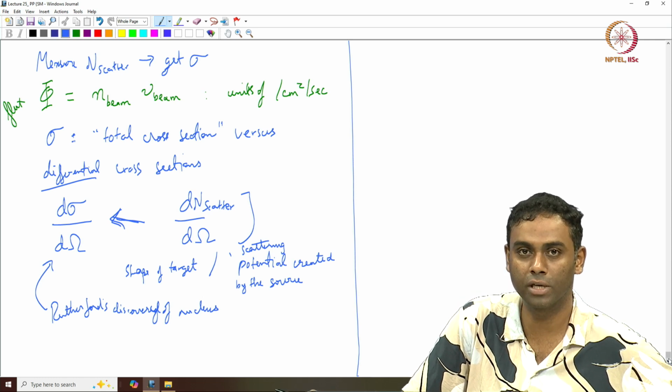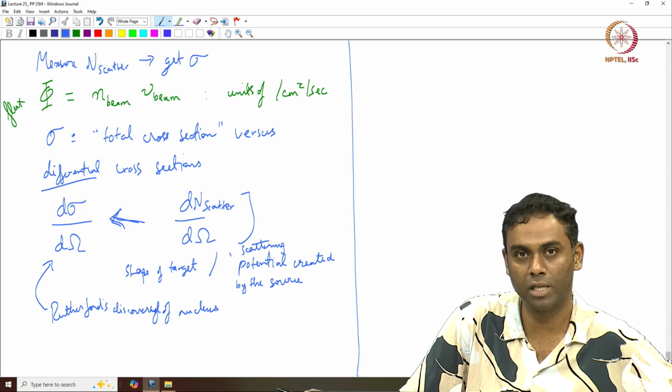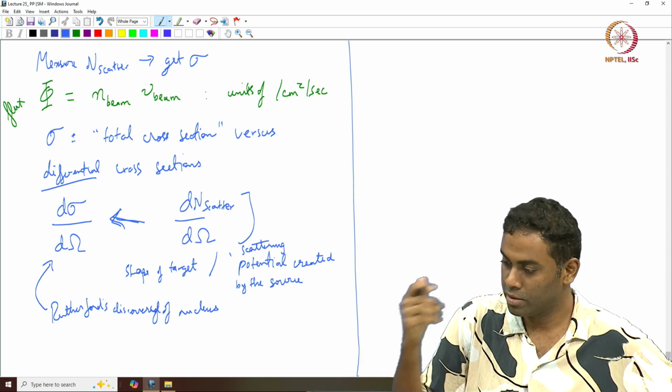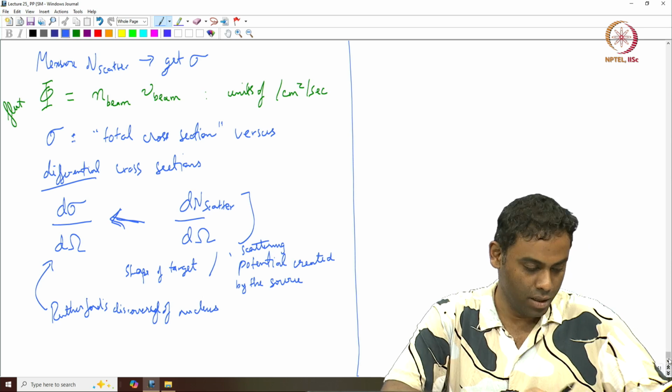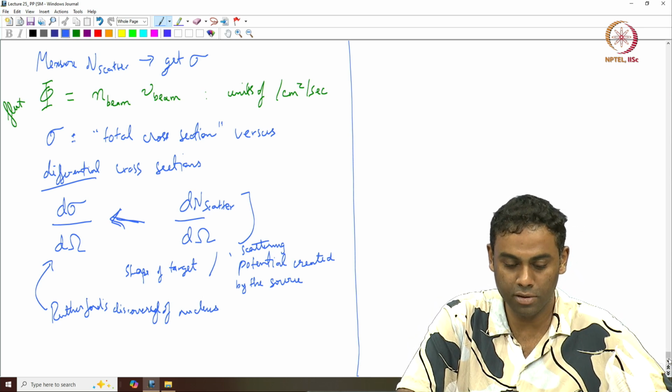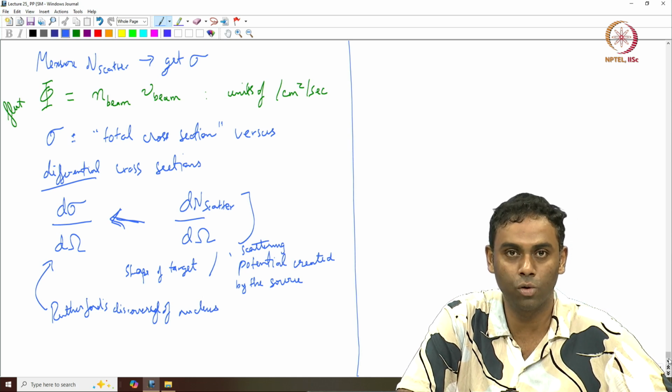So this is how he was able to guess that the nucleus was mostly positively charged and all that. Okay. So that's the beauty of these scattering experiments. You can figure out a lot about the unknown target or even the beam by studying these differential cross sections.